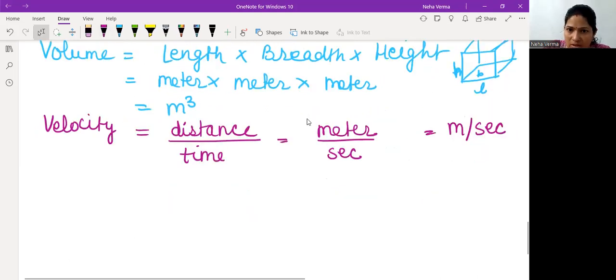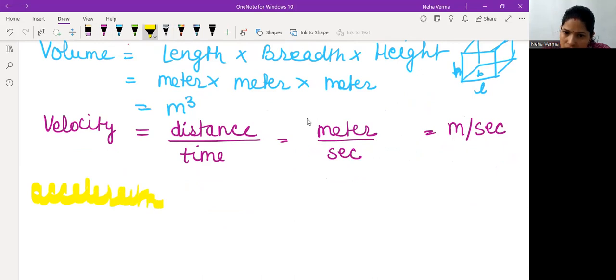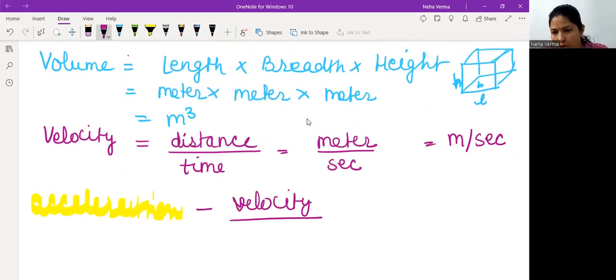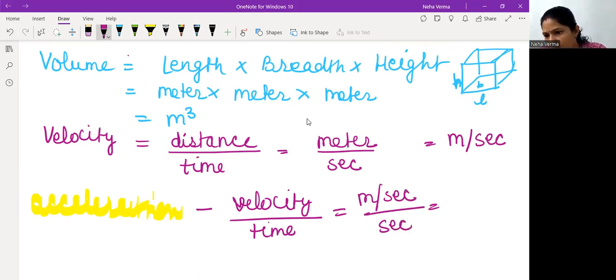Next, we can take acceleration. Acceleration is velocity upon time. We have calculated meter per second upon second, that is meter per second square.